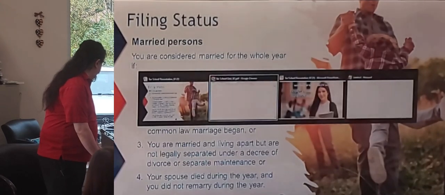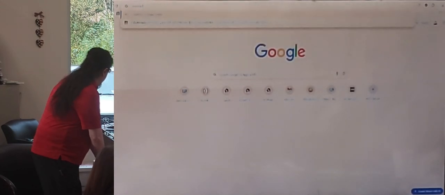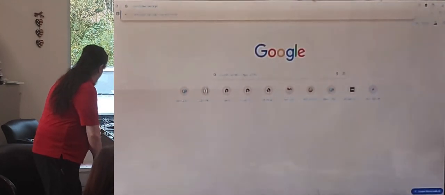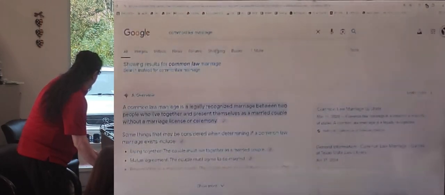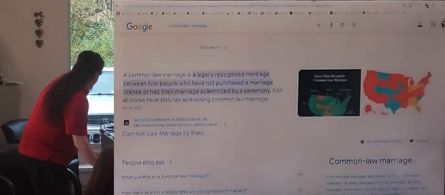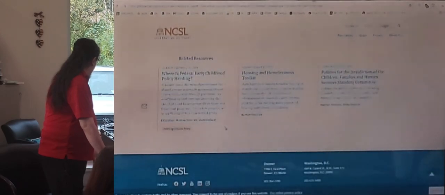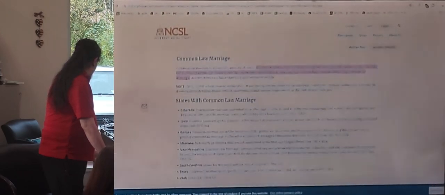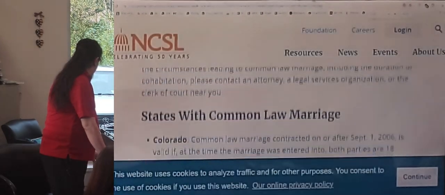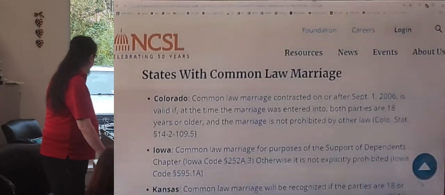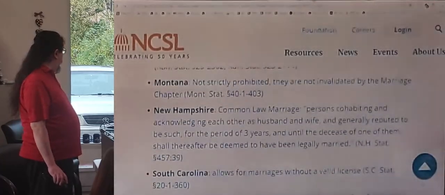Let's just double check this. Okay, so currently there are 8 states that allow common law marriage.